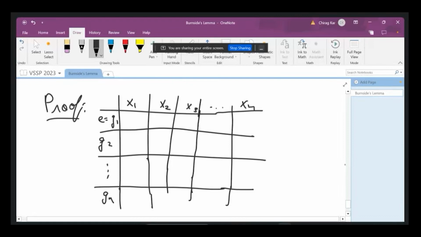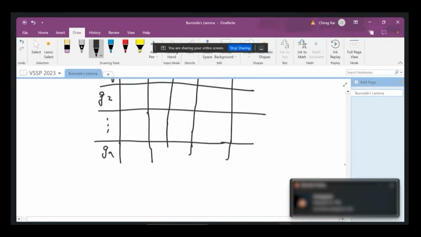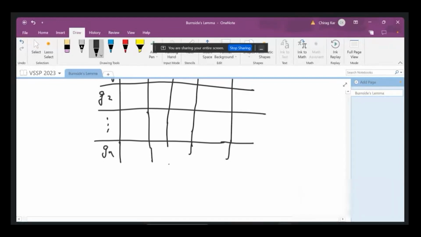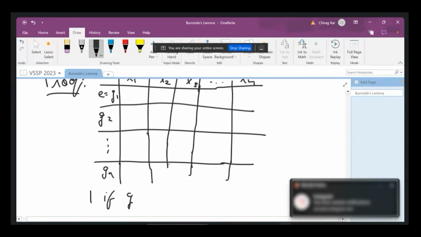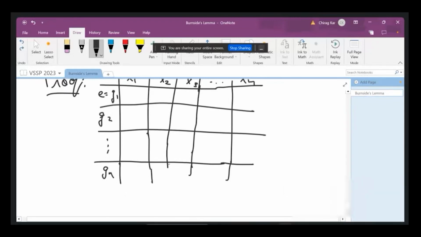Now, how do we fill this table? Looking at it from a matrix notation perspective, we fill it as follows.